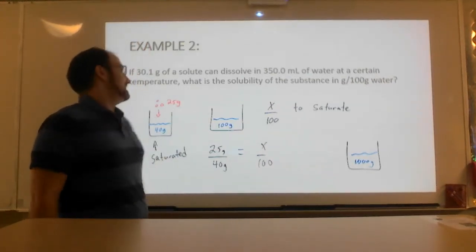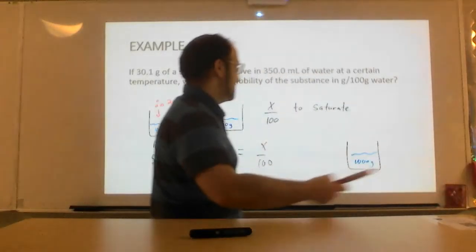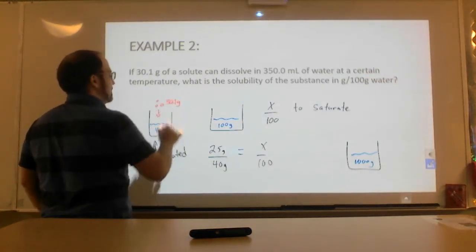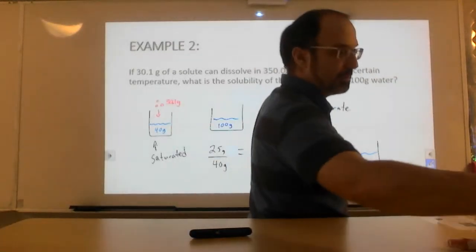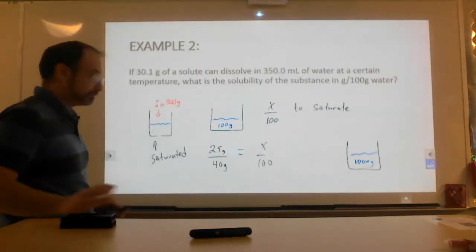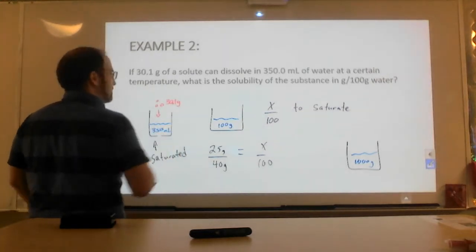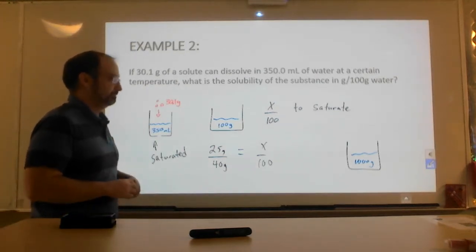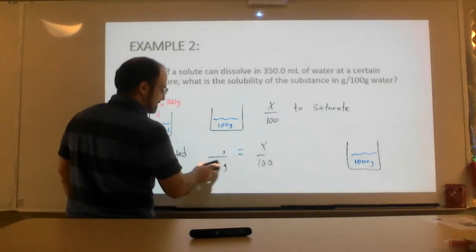Different numbers, same idea. If 30.1 grams of solute, so this one here isn't 25 anymore, now this is 30.1, can dissolve in 350 milliliters of water. Remember, water is 1 gram per milliliter. So instead of this being 40 grams of water, we're now at 350 milliliters of water at a certain temperature. What is the solubility of the substance in 100? Same basic idea, just changing my numbers.